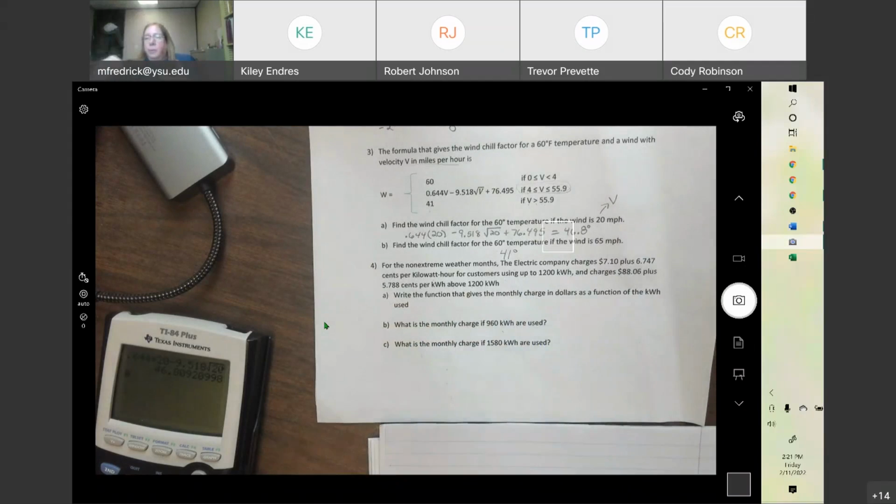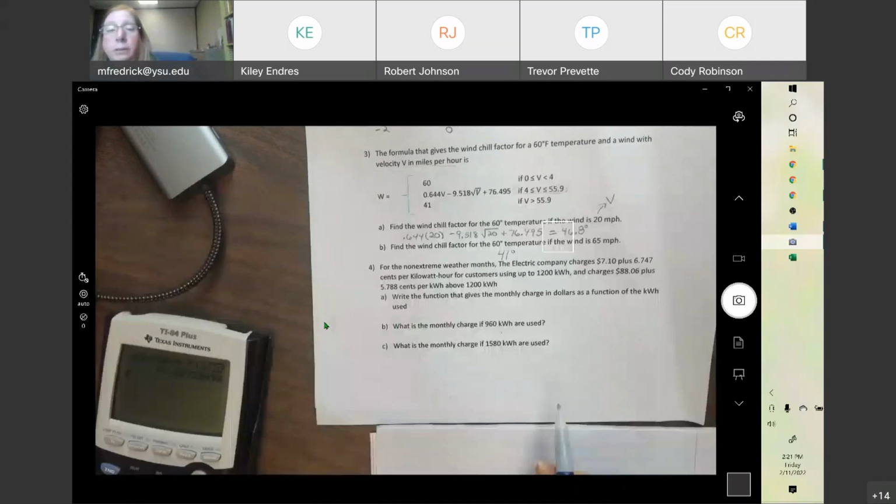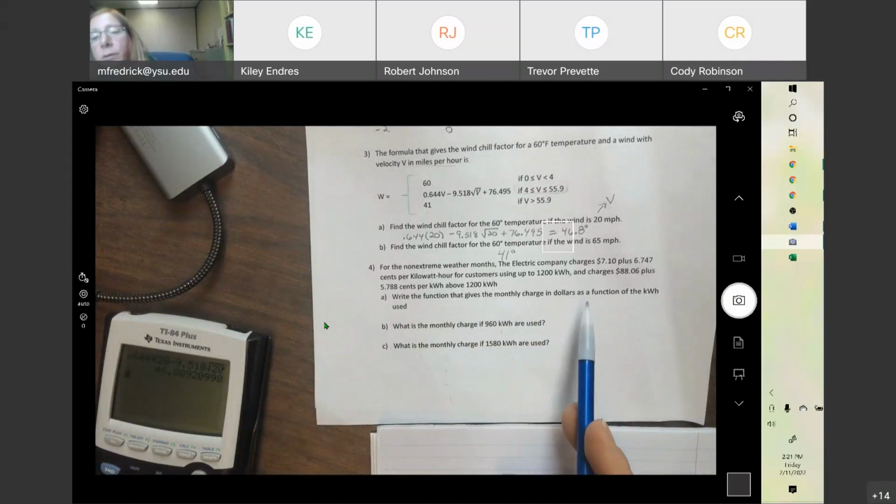So you can see how they broke that up, kind of like our inequalities. Up to 1,200, which would mean less than or equal to, or above 1,200. So those are our two inequalities. Write a function that gives the monthly charge in dollars.